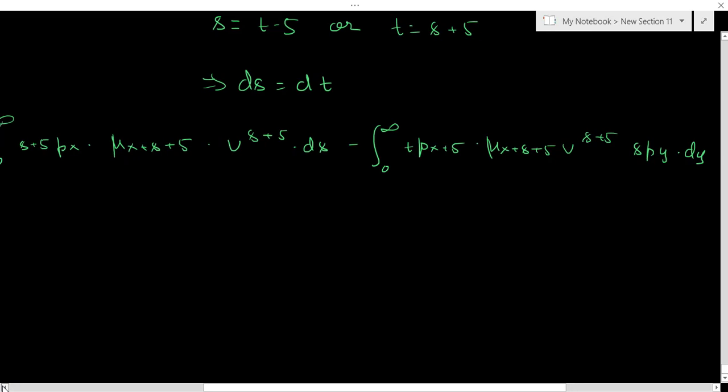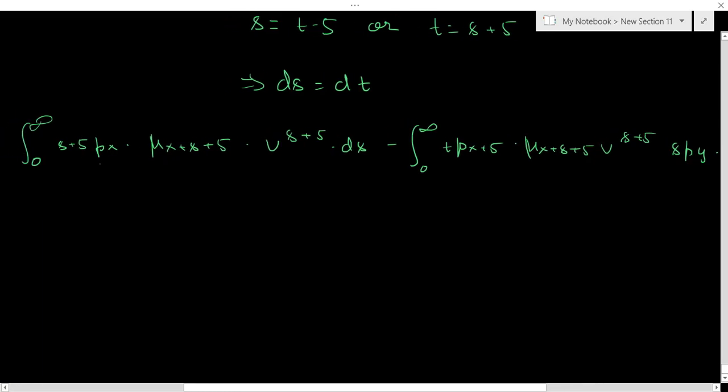Let's just see what's happening here. Out of this I can actually divide s plus 5 px into the probability that x lives for 5 years into the probability that x plus 5 lives for s years, right? So that is how you can do this. This gets separated and 5px will come out, and also this constant term v to the power of 5 will come out.